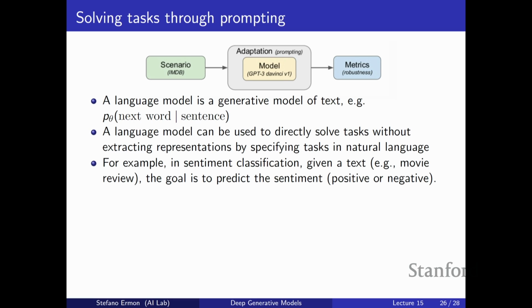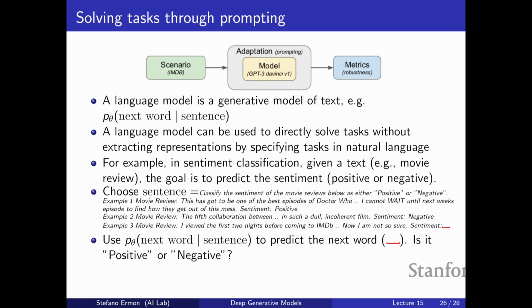Because we're working with natural language, our interface is a model that takes a sentence and predicts the next word, right? Let's say it's an autoregressive model. It takes a piece of language and then it predicts the next word. Then what you can do is craft this sentence such that this prediction, which is the only thing the model can do, predict the next word given the previous text, is actually solving the task for you.